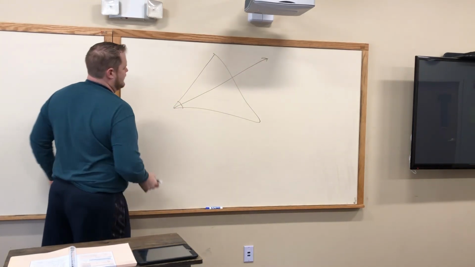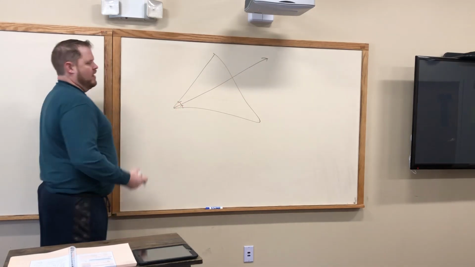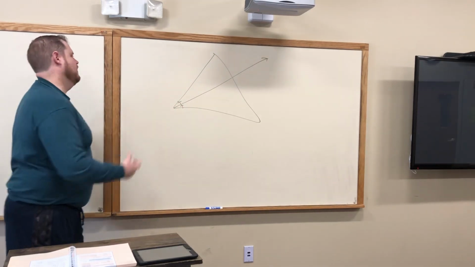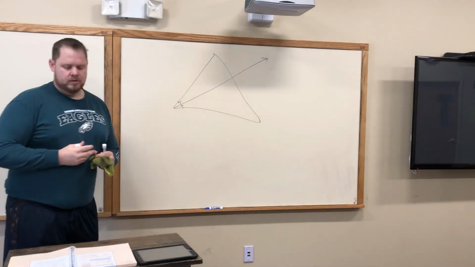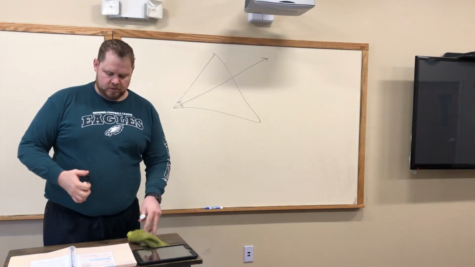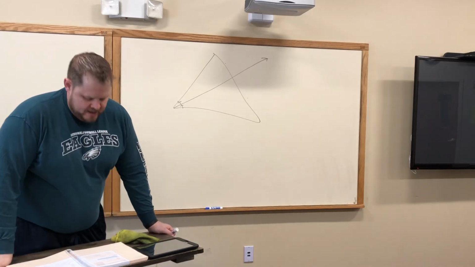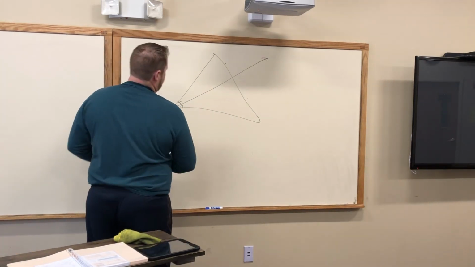It cuts the angle in half. If I cut that angle in half, then this and this are going to be proportional. So if I have that, then that's going to be the proportion.